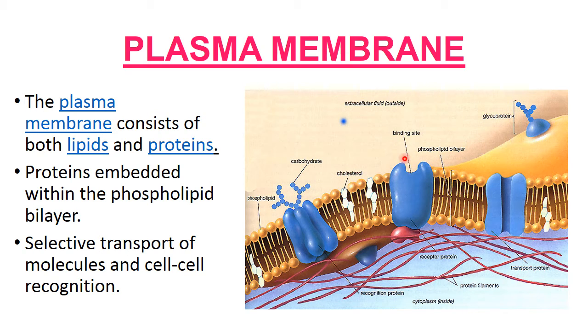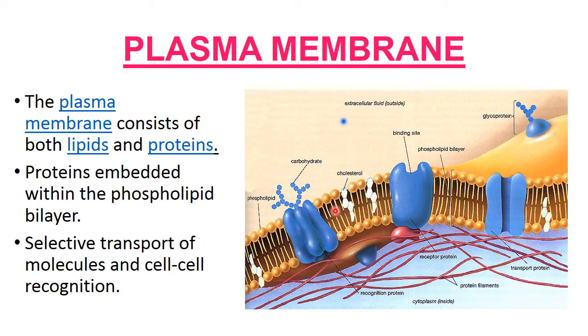Then this is the binding site of the integral protein, and this is the receptor protein, and these are the protein filaments. They are mainly cytoskeleton in nature and give rigidity. This is the glycoprotein, this is the extracellular fluid, and this is the cytoplasm inside the plasma membrane.